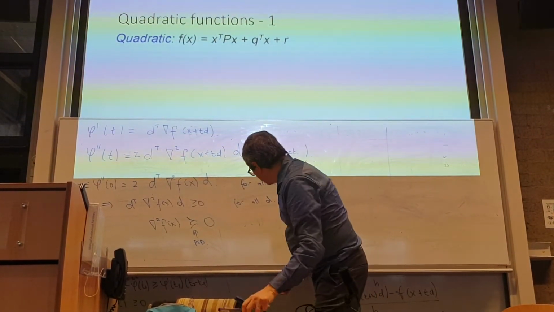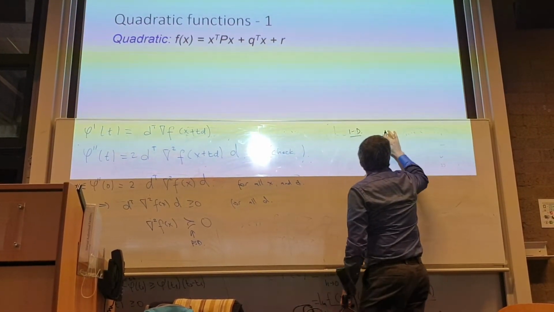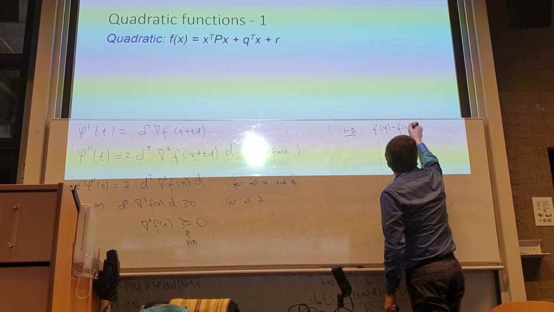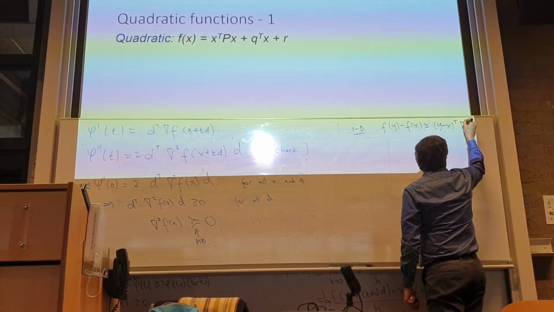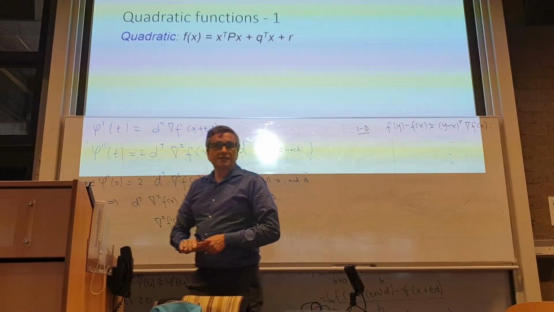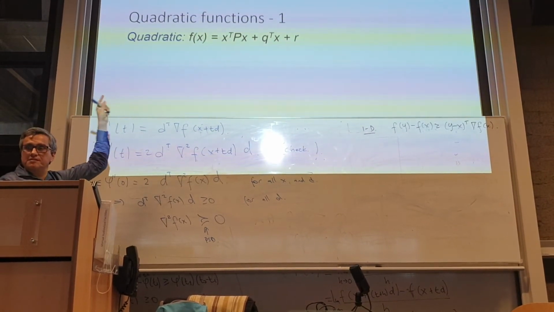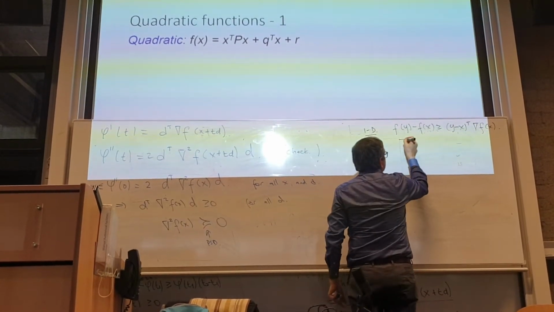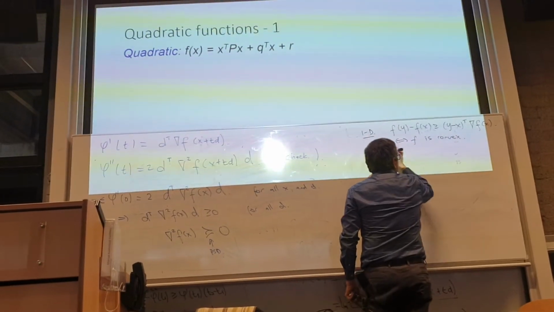So the 1D condition, remember, says f of y minus f of x greater or equal than y minus x transpose gradient of f of x. And then the question is, when is a quadratic function convex? This happens if and only if f is convex. So we're going to apply this.